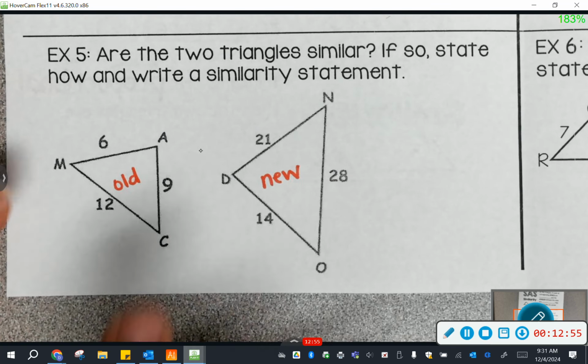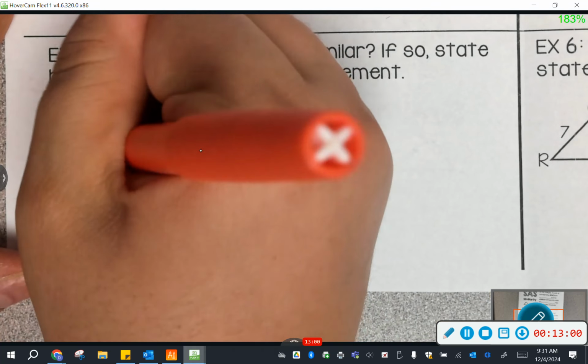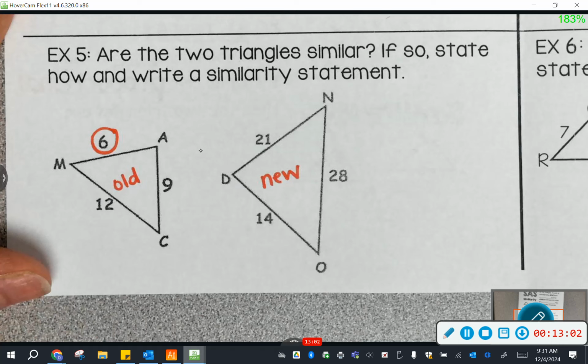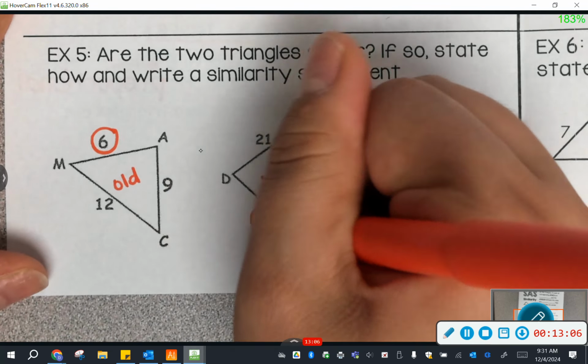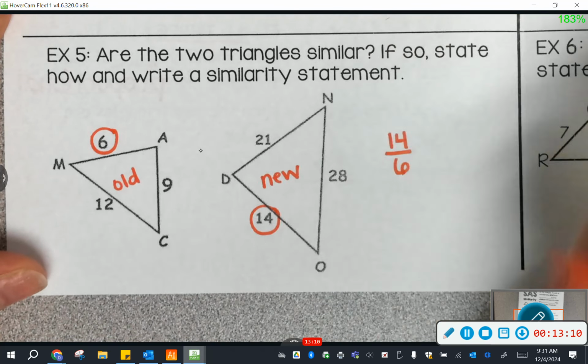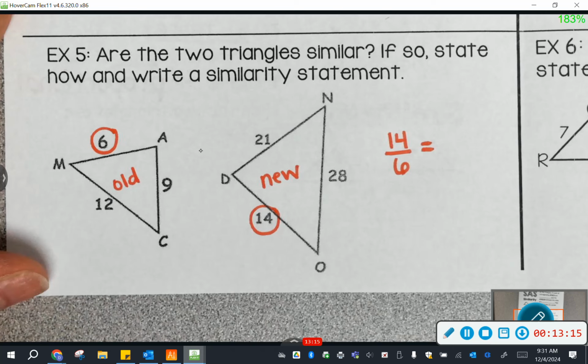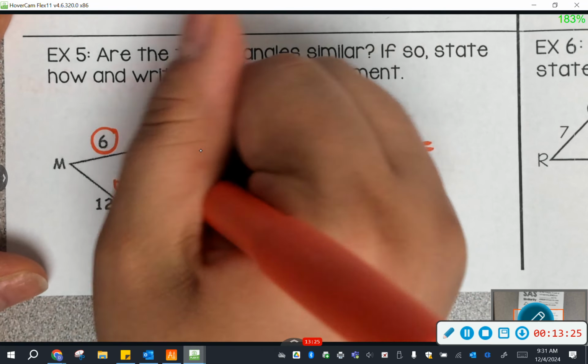So, what is my smallest number on my old triangle? Everybody circle 6. What is my smallest number on my new triangle? 14. And I'm going to do new over old. 14 over 6. Next, I'm going to box the next ones. What is the middle number on both triangles? 9 and 21.